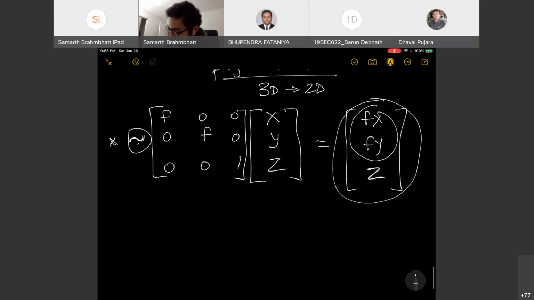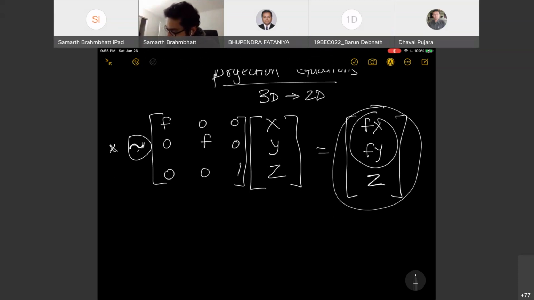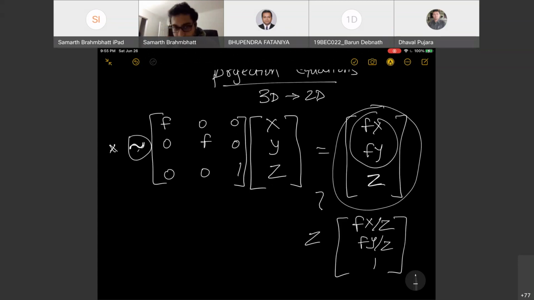Remember in homogeneous coordinates, we can take out the scalar. So this is equivalent to z times this.